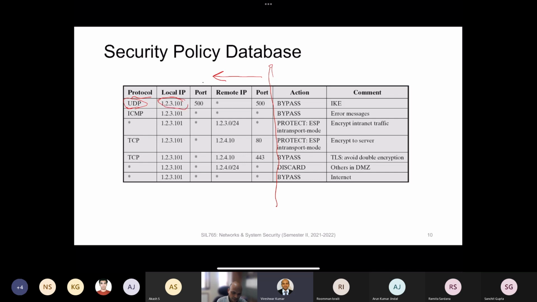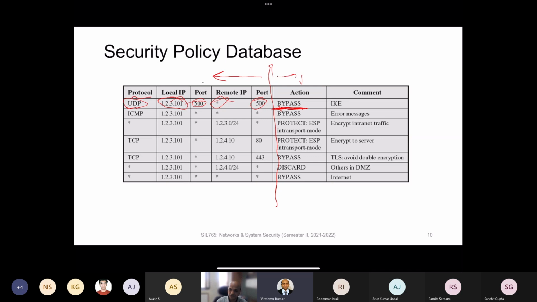Then your local IP address is this, and you are using this port, and there is no remote IP address. So you are sending this to port 500. The action that IPsec has to do is just bypass. You are not going to encrypt or authenticate that packet. You will just let that packet bypass, and that is what this action means.